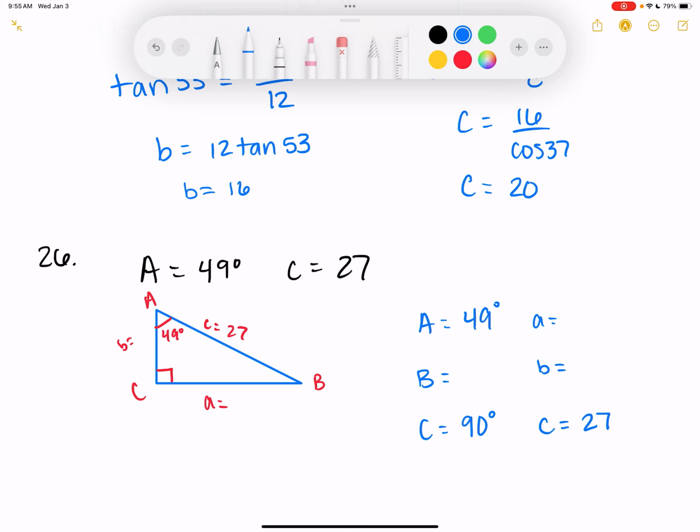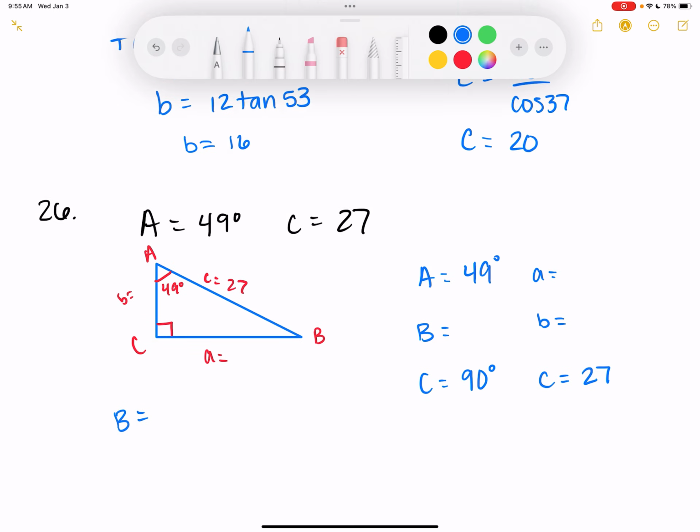All right, so angle B would be what? Or how would I find it? No, you're off by a little bit. Oh, yep. 180 minus 90 minus 49 would be 41.